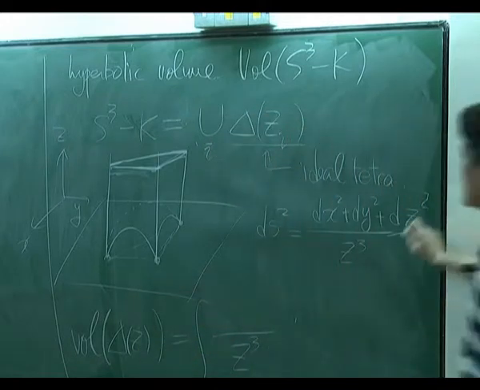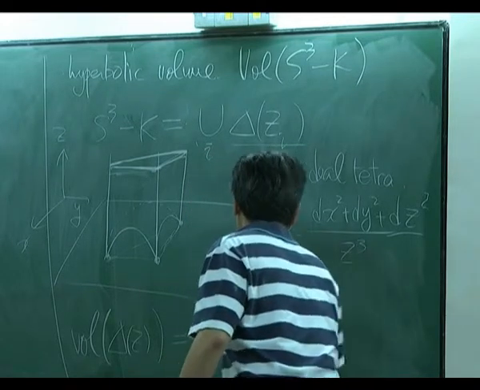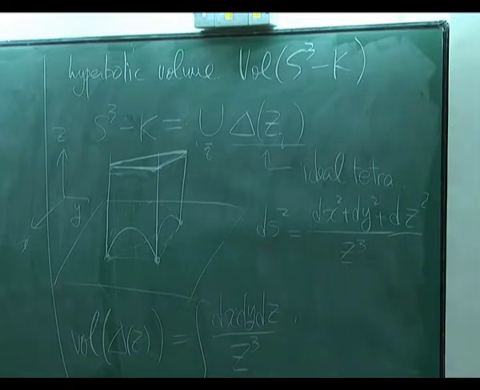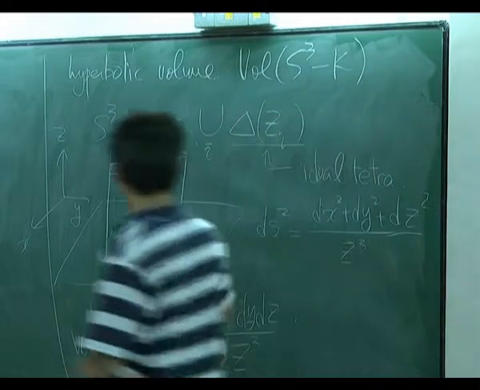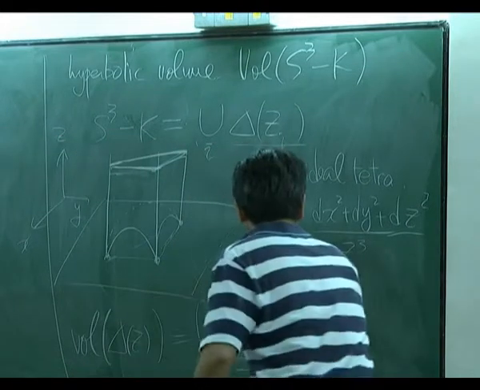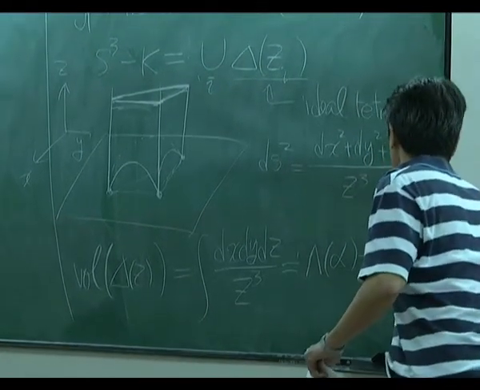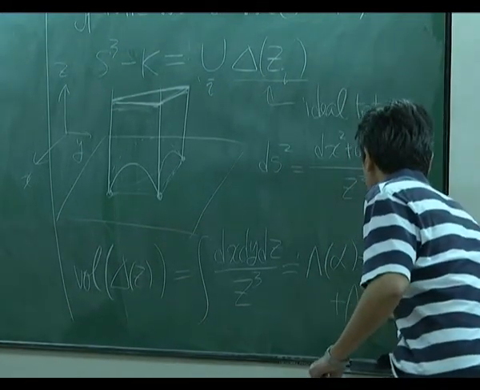Anyway, from this matrix, the volume is given like this one. So we can compute exactly this one, and we know the result is just a sum of Lobachevsky functions.